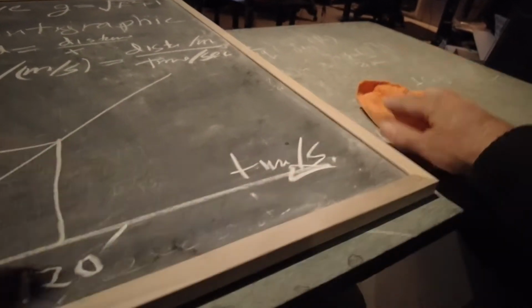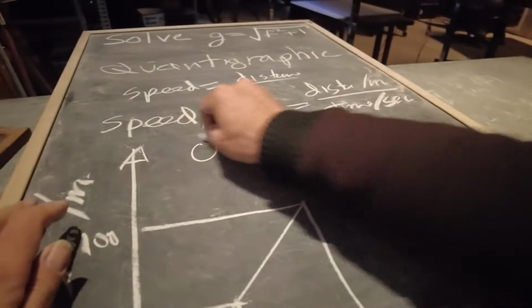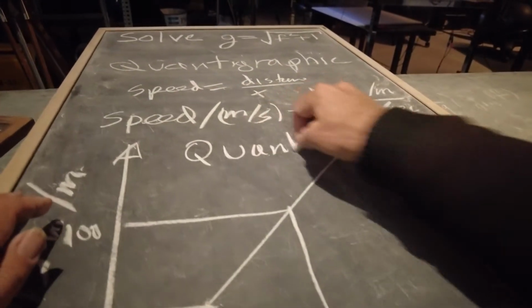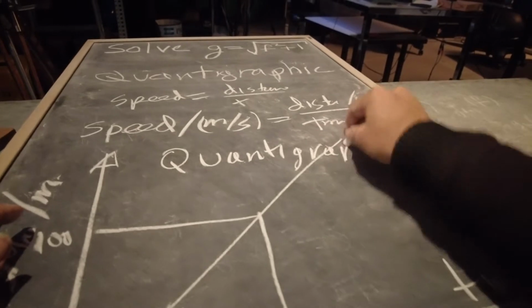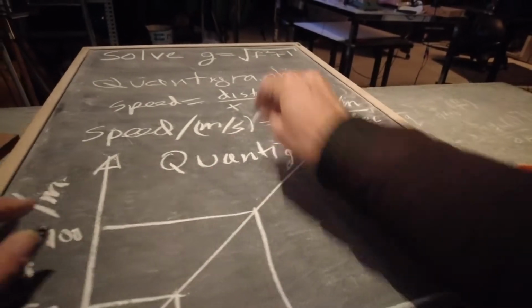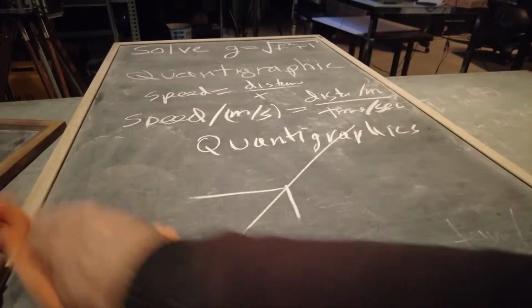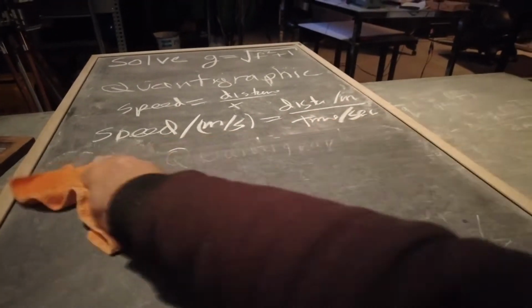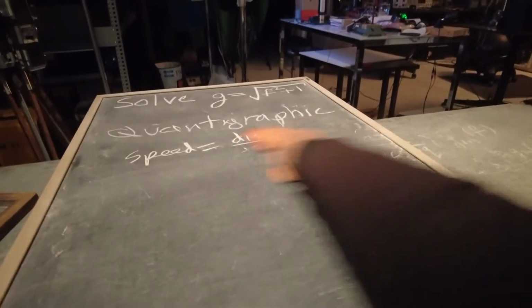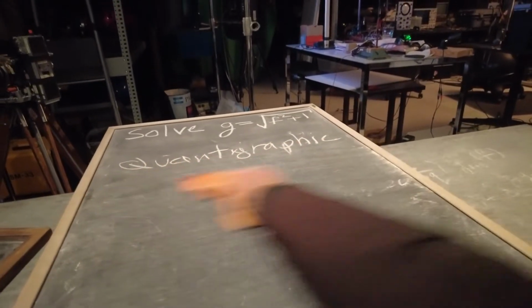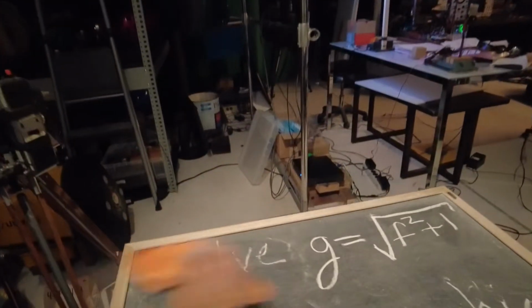And that philosophy is called quantigraphics. That way of thinking of the world, we call quantigraphics. There's this philosophy of comparametrics that can extend to general life.